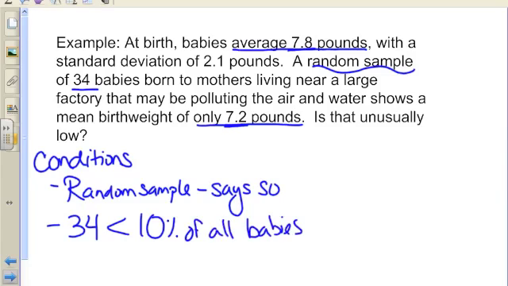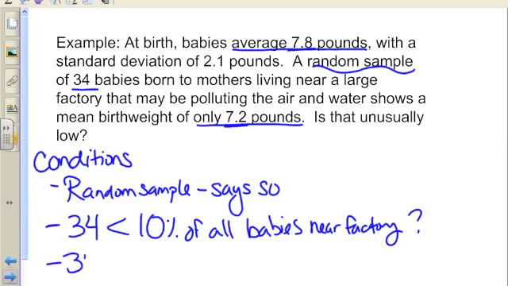No, I'm specifically looking at babies that are born to mothers living near the factory. So this may or may not be a true statement. I'm not sure. I don't know how big this town is, but I'm guessing they've probably had more than 340 babies in the past few years. So this one might be a little questionable, but I think it would be okay.